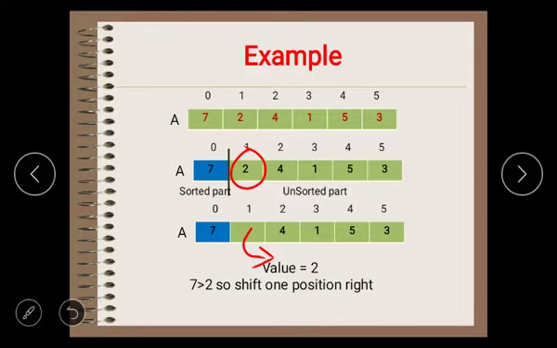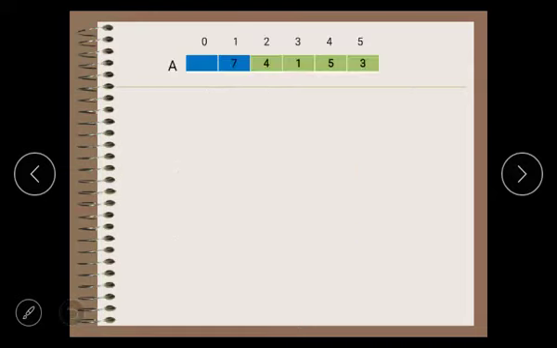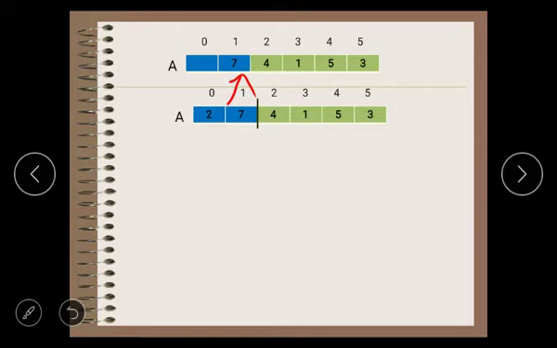After shifting, the 7 will move to index 1 and the value 2 should move to index 0. So up to here these two elements are sorted and all the remaining elements are unsorted.